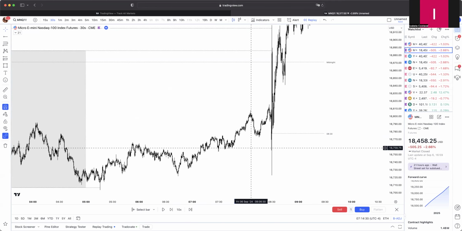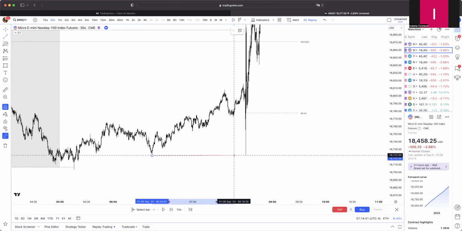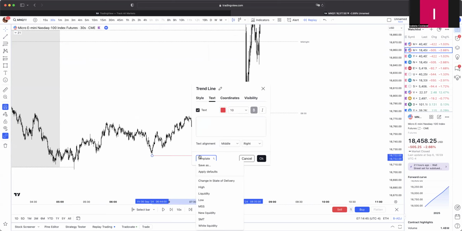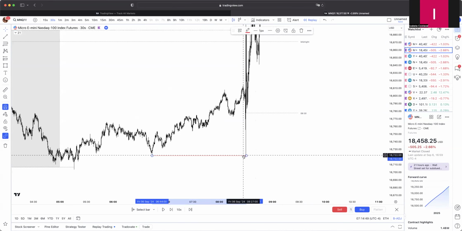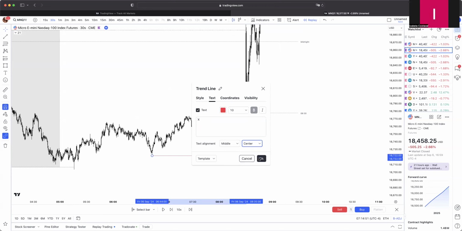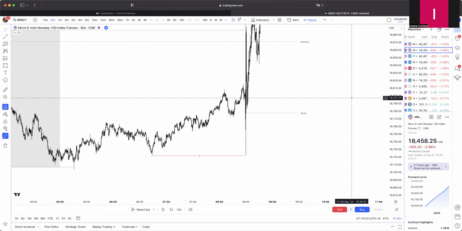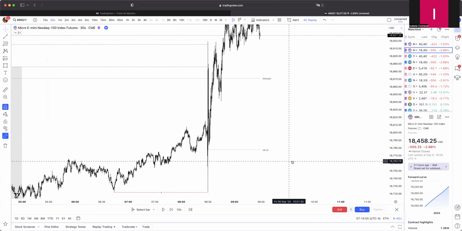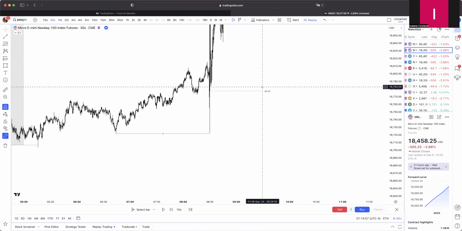And then we had these relative equal lows right here. Right. So this becomes liquidity now.